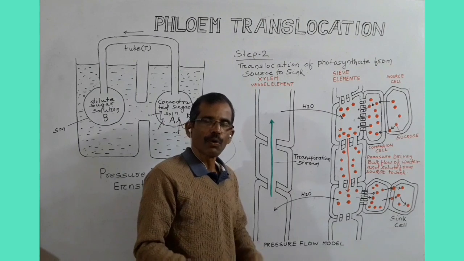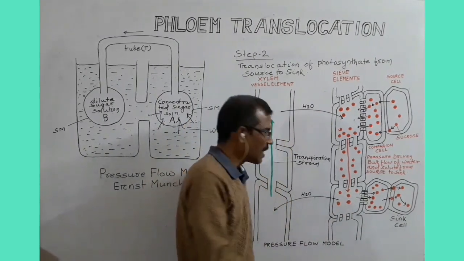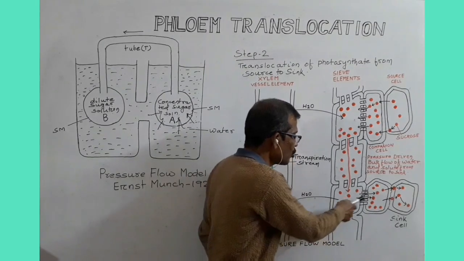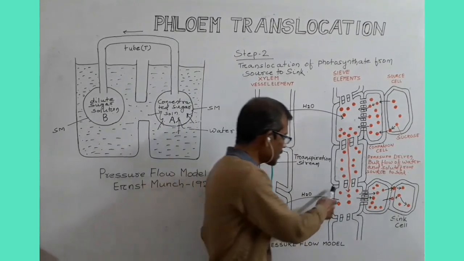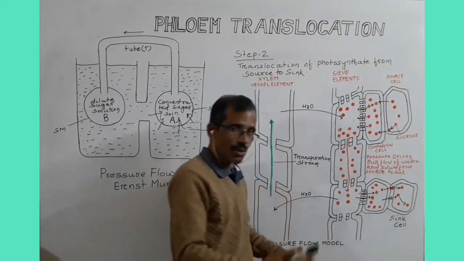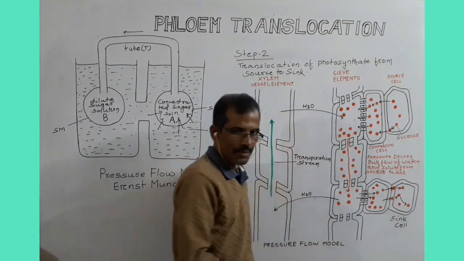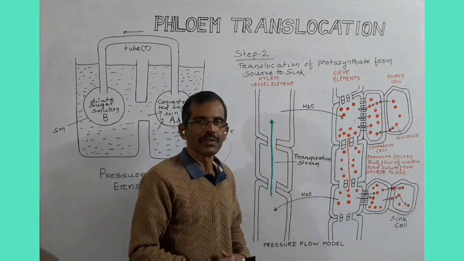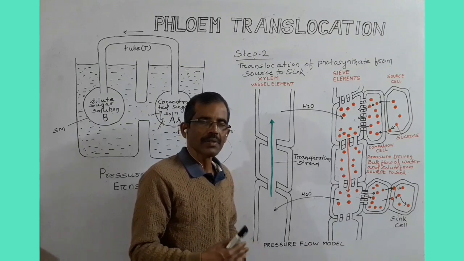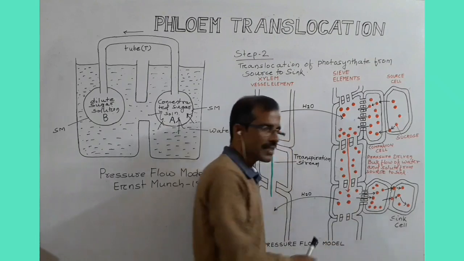Because of phloem unloading, sucrose and other sugar molecules leave the sieve tube element and move into the sink cells. So, the concentration of sucrose and other sugar molecules in the sieve tube element decreases. As a result, the solute potential increases, so the water potential also increases in the sieve tube element at the sink end.